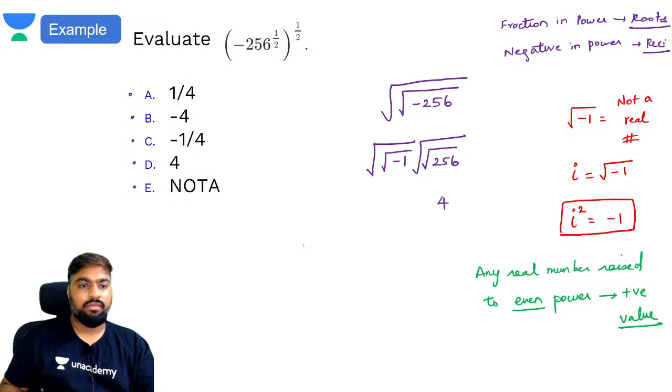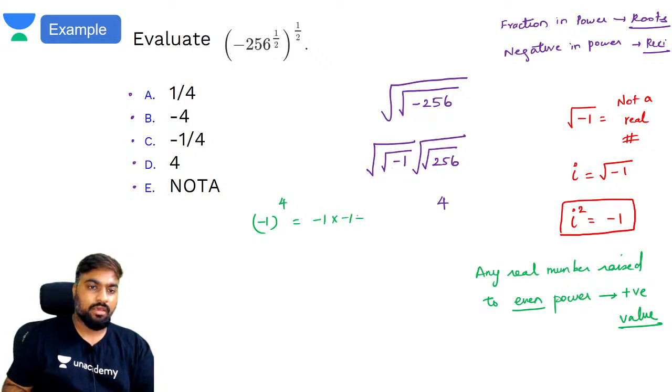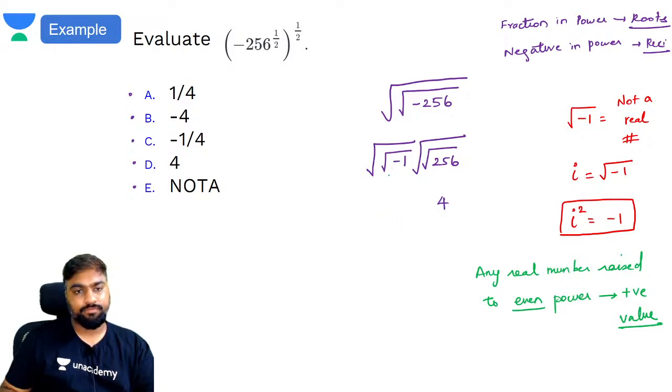If I take -1 and raise it to the power 4, what will happen? -1 into -1 into -1 into -1, correct? Which is +1, it becomes positive. Please understand this.